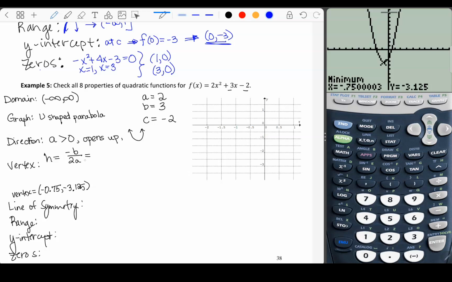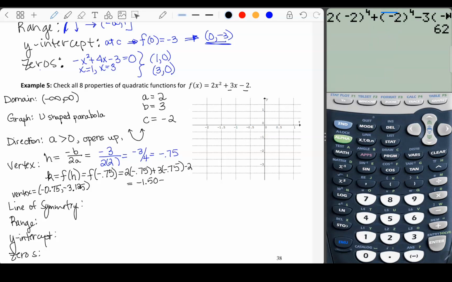To check that, to show that the math works out, let's plug in our numbers. b is equal to 3, so the opposite of 3 over 2 times 2 equals negative 3/4, which is negative 0.75. Plug in that value for x into f of x to get y, and we get this, which I'm going to say, well, let's use our calculator because that's not right.